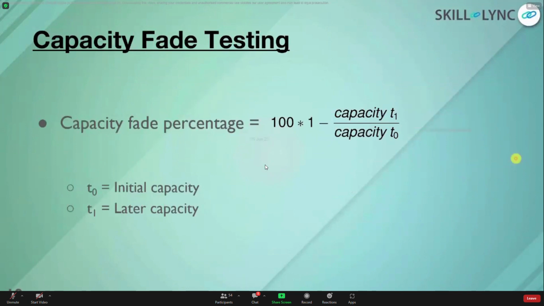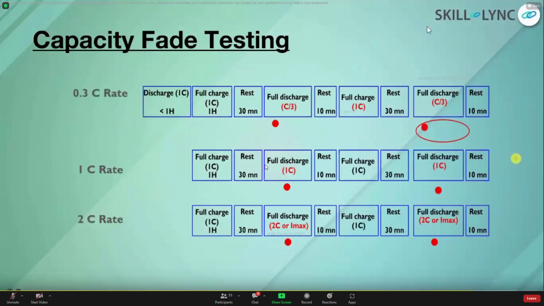All right, let's look into the complete test procedure and try to understand it in much more detail. Here we have 3 steps for the capacity fade testing, and these are all discharge rates.